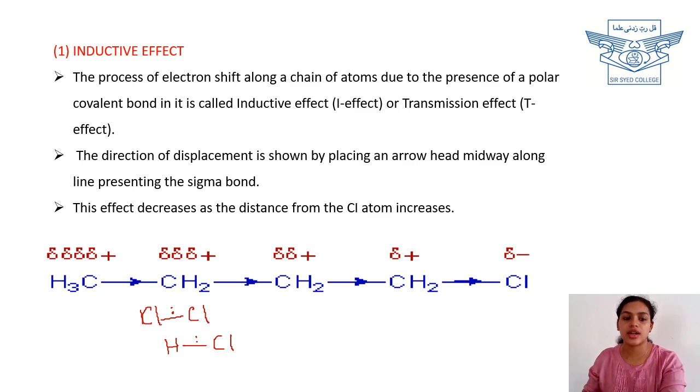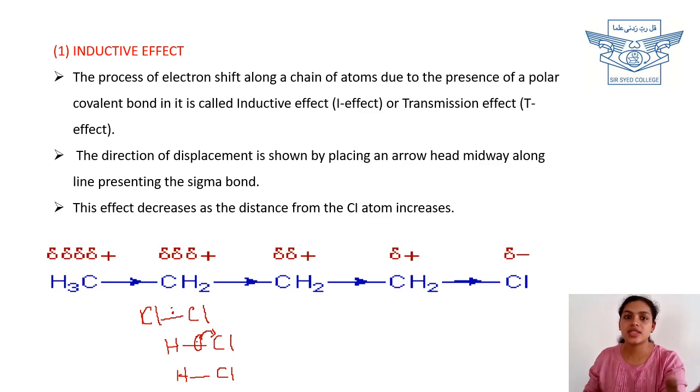Since the chlorine is more electronegative, chlorine will pull these electrons from this midpoint towards itself a little bit, right? So there develops polarity. We are expecting it's a covalent bond, so the electrons should have been present at the exact midpoint.